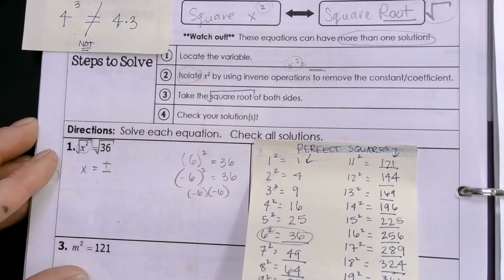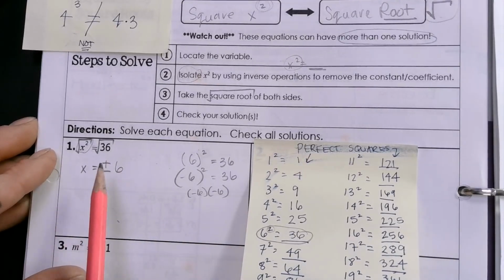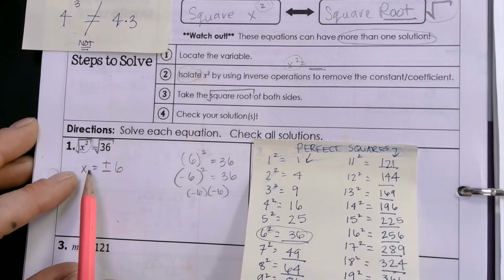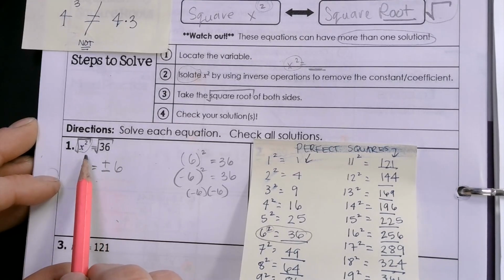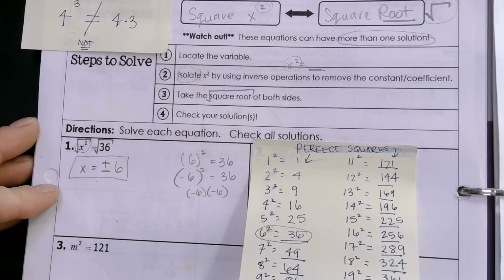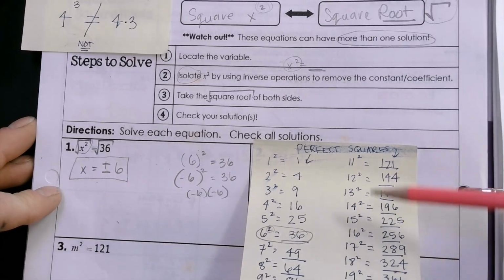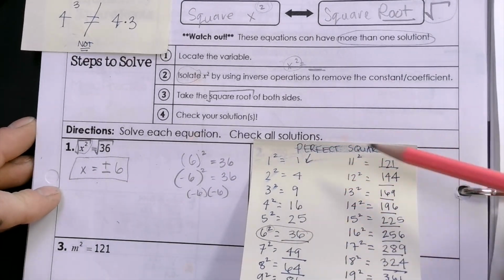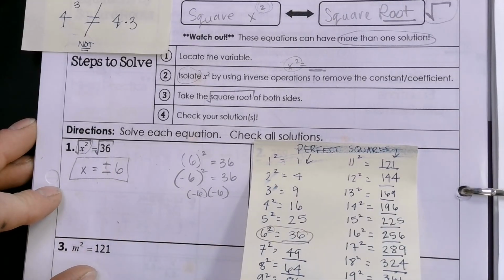We're going to use this positive or negative symbol, plus or minus 6. And this symbol tells me that x can be positive 6 and x can also be negative 6. So there's our answer. So we take the square root of both sides. We find the number from our perfect square list, and we need a plus or minus in front of it.